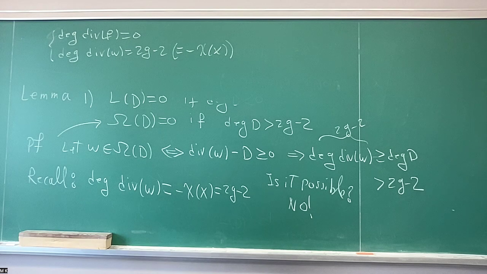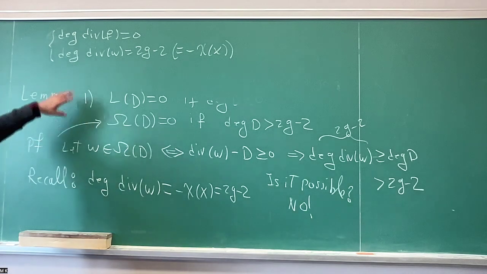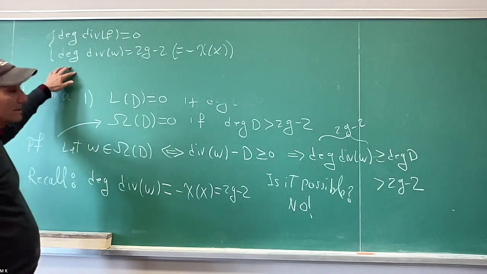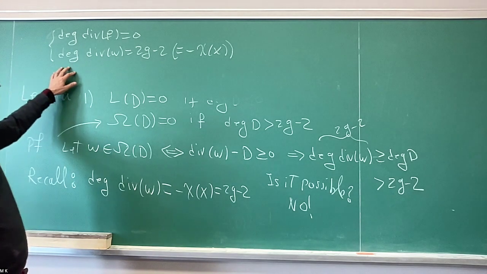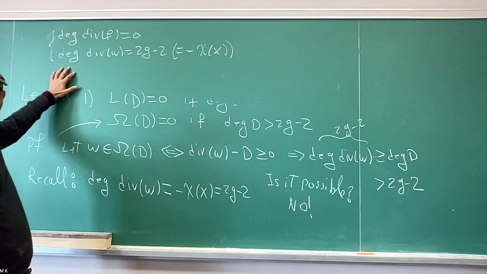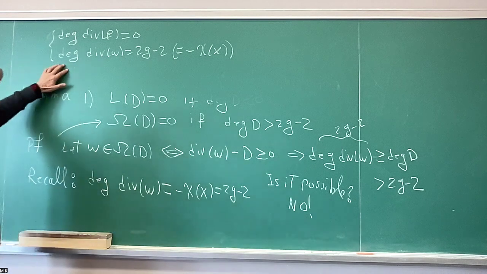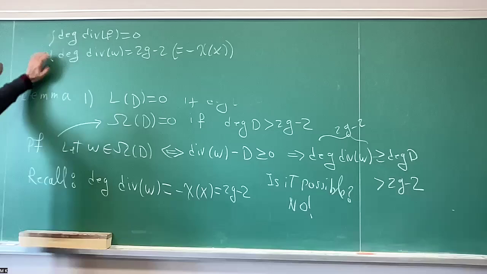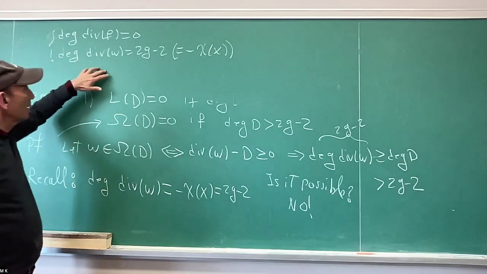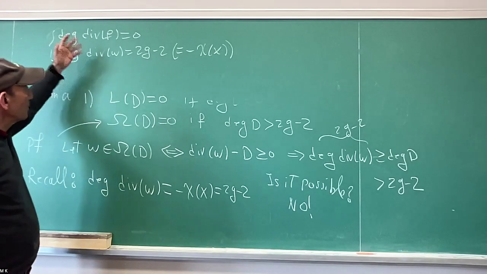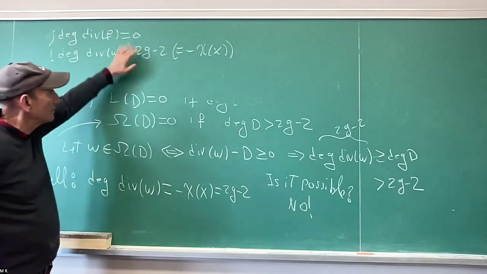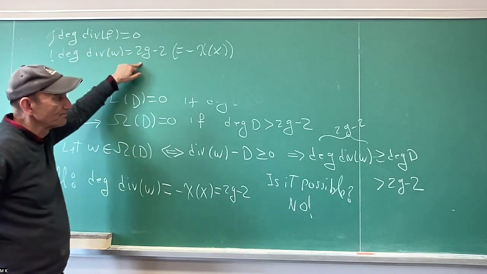Now, the existence of a non-zero meromorphic function on x is not a trivial matter for abstract Riemann surfaces. That's Riemann's existence theorem. But for algebraic Riemann surfaces, like plane curves or projective curves, this is not a problem. All the coordinate functions are meromorphic. So that's why there is a difference between the two statements, but they are more or less on the same level. Both of them say something is constant. In this case, the constant is 0. In this case, the constant is 2g minus 2.